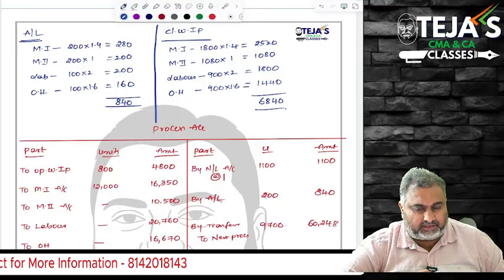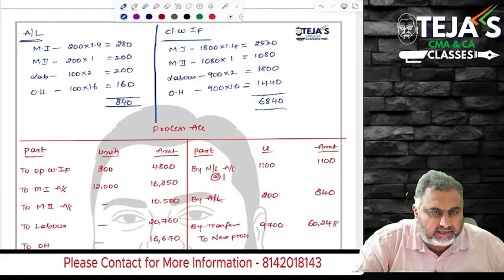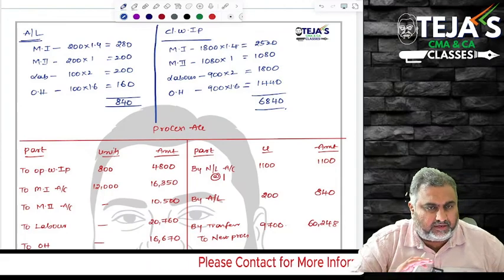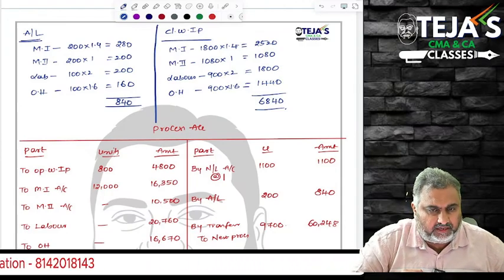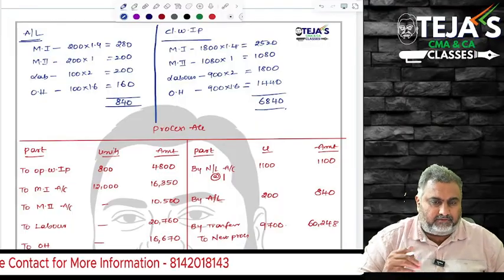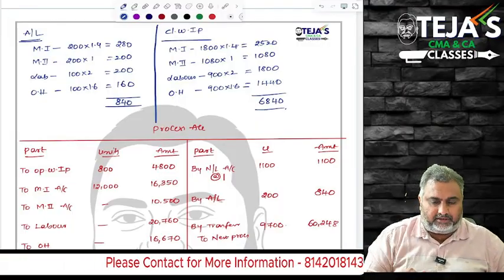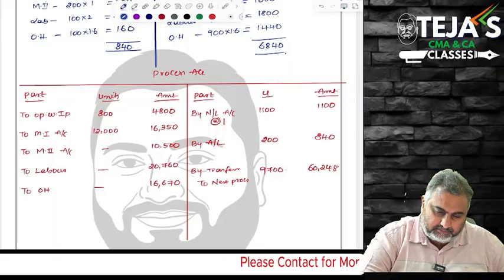Those units are correct, right? 1,800 for material 1, 1,080 for material 2, 900 for labor and overheads, multiplied with the cost per unit. Then we got the closing work in progress.